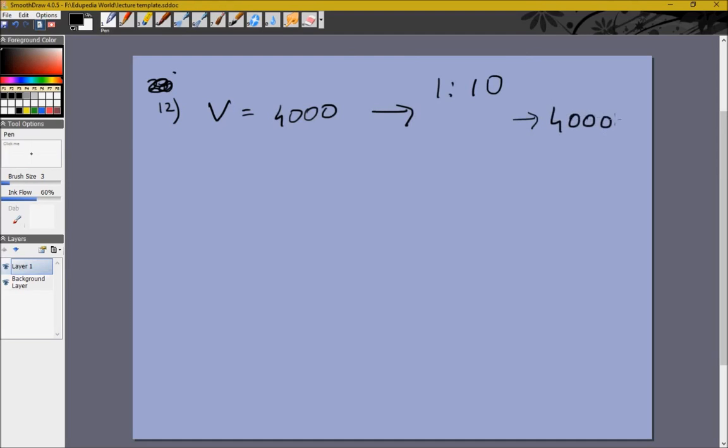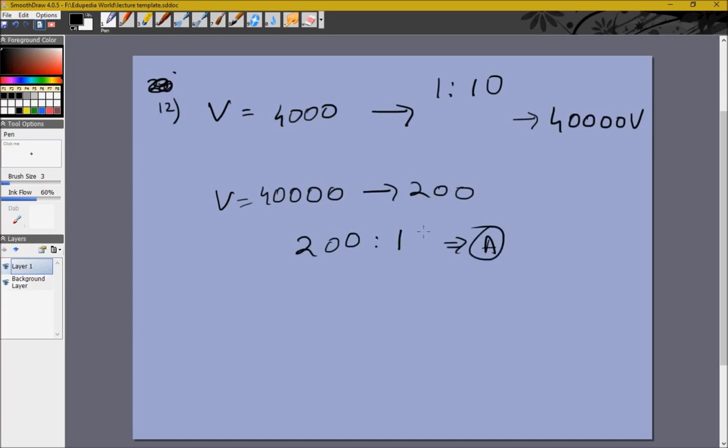So the voltage will obviously become 40,000 volts, right? Because 10 times the number of turns. Then finally, when stepping it down, you need 40,000 to go to 200. So the ratio of the turns will be 40,000 by 200, or 200 is to 1, which means A is the answer to this question.